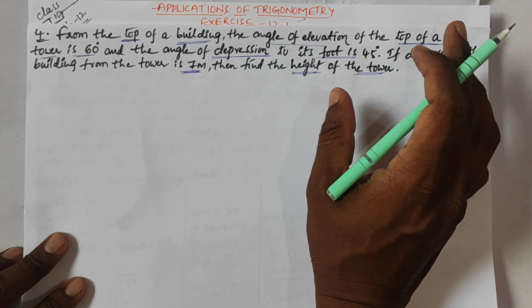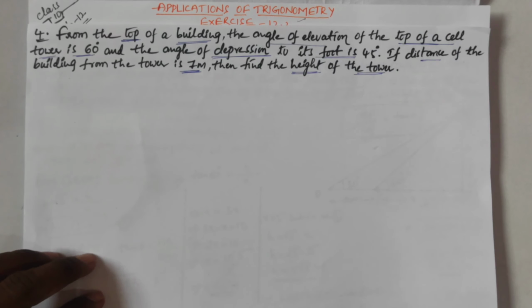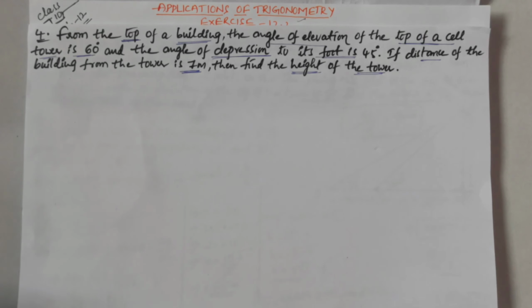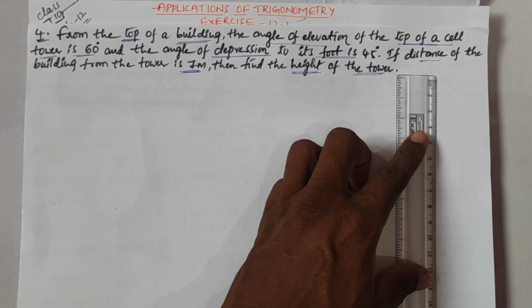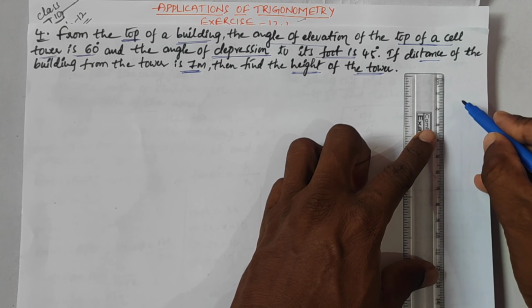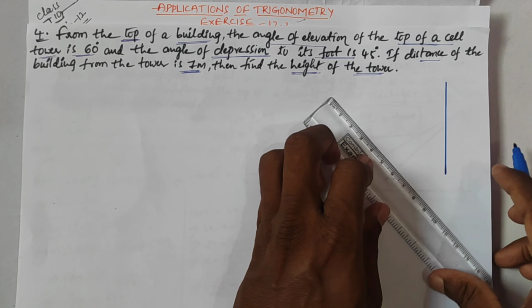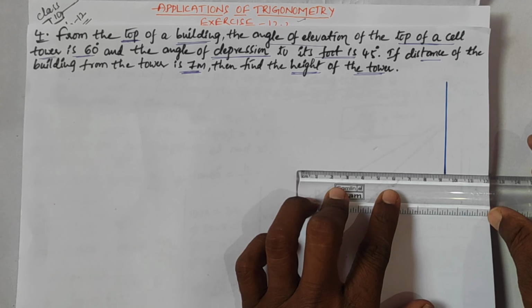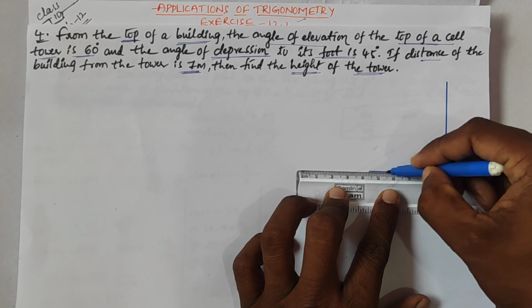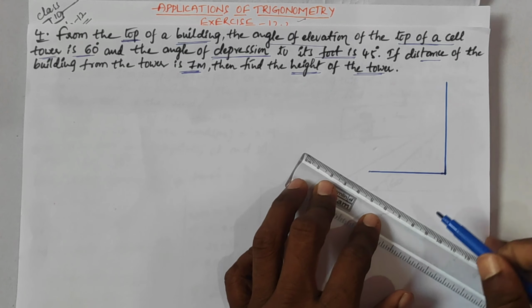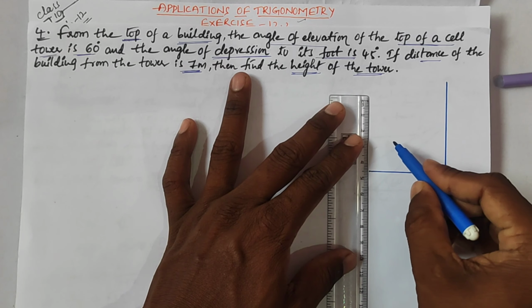Is it clear? So for this given data, first we'll draw the figure. First we'll consider the tower, and then the ground, and next consider a building.